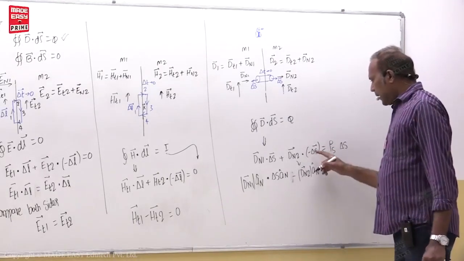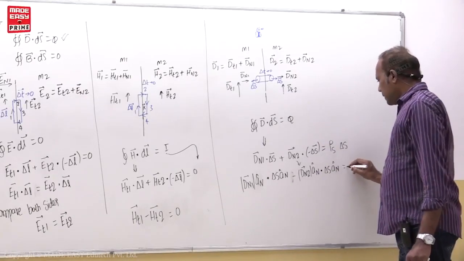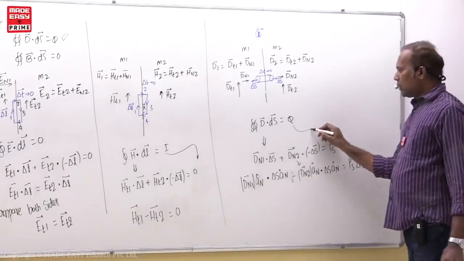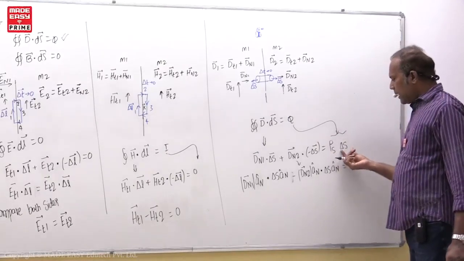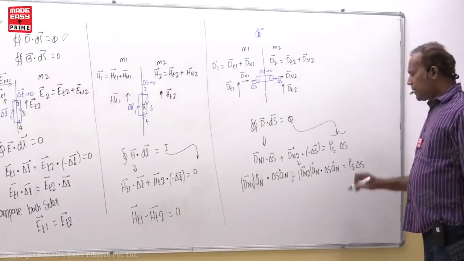I wrote here delta S bar can be written as delta S into an cap, that is equal to rho s into delta S. Here no need to take bar, because Q is the charge, charge is scalar, rho s is scalar, scalar multiplied with scalar gives scalar. Here delta S means magnitude is taken.